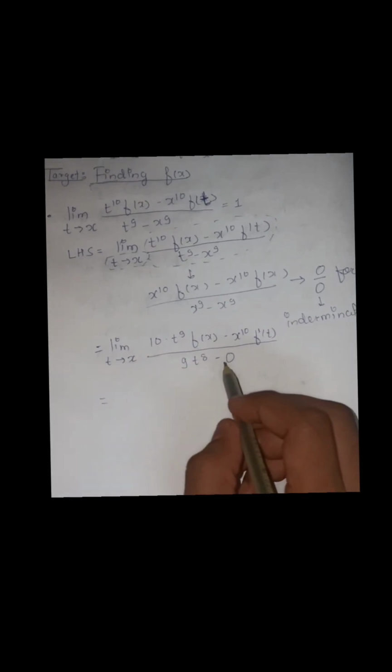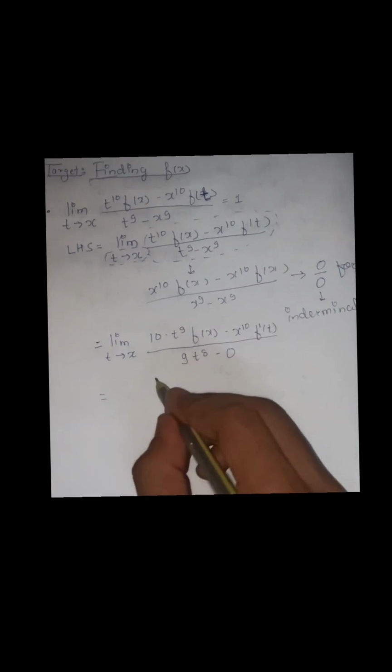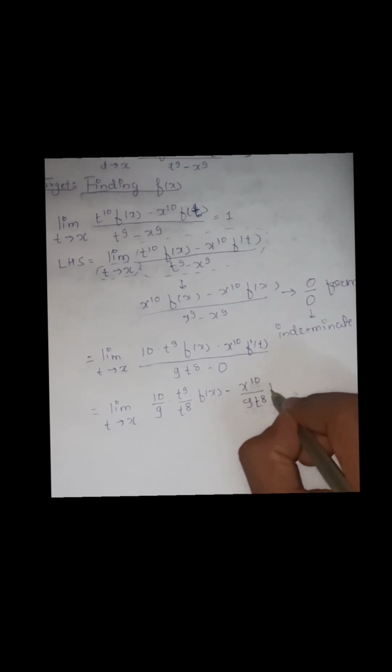Okay, so now you may just simplify this term. Let me write it properly. 10 upon 9, t to the power 9 upon t to the power 8, f of x minus x to the power 10 upon 9 t to the power 8 f dash t.